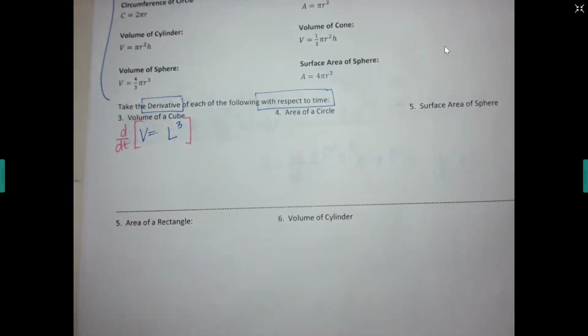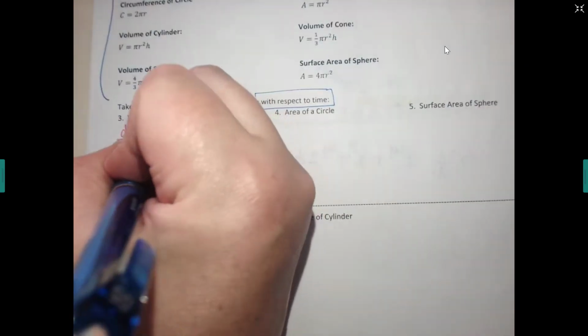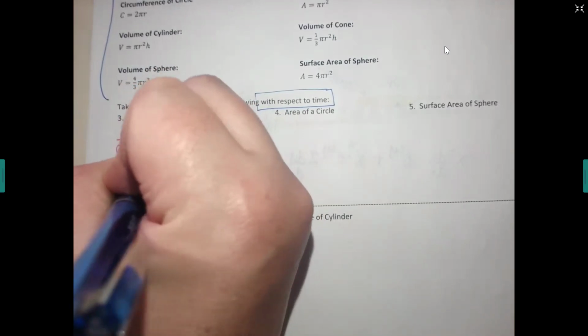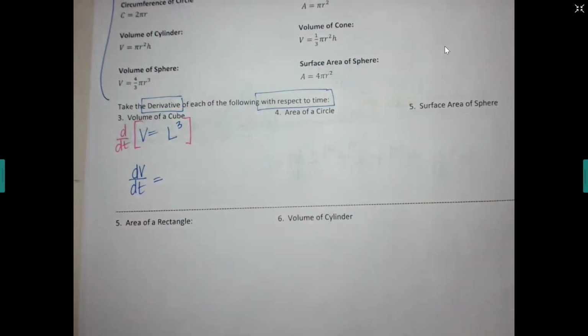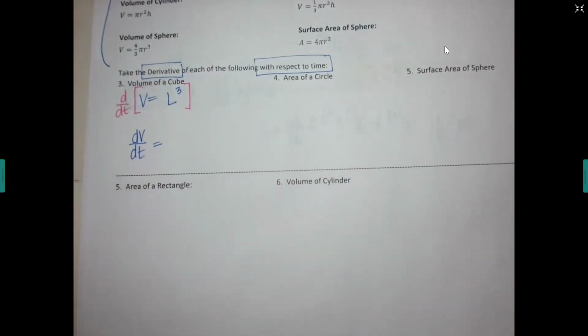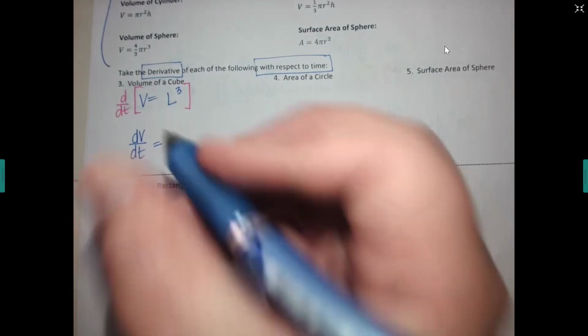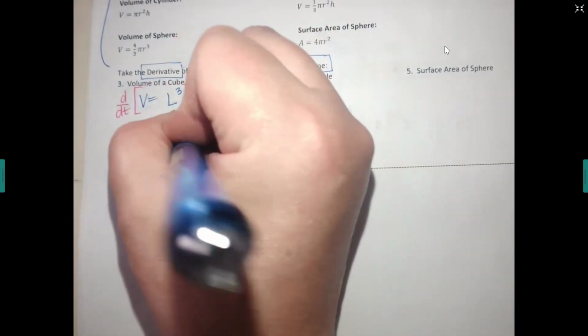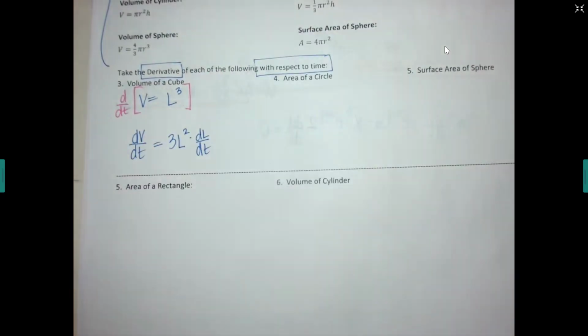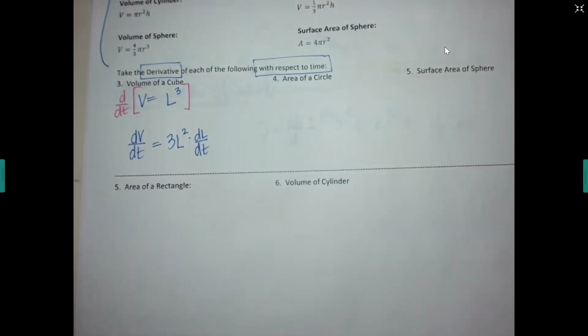When you take the derivative of volume, the derivative of volume would just be a 1, but then we have to attach a dV/dt. On the other side, I have an L cubed. So the derivative of that would be 3L squared. And then I have to attach a dL/dt. And then you're done. You took the derivative.